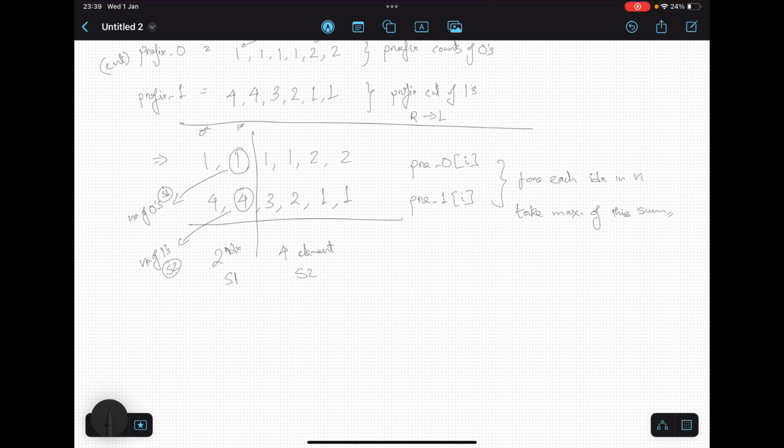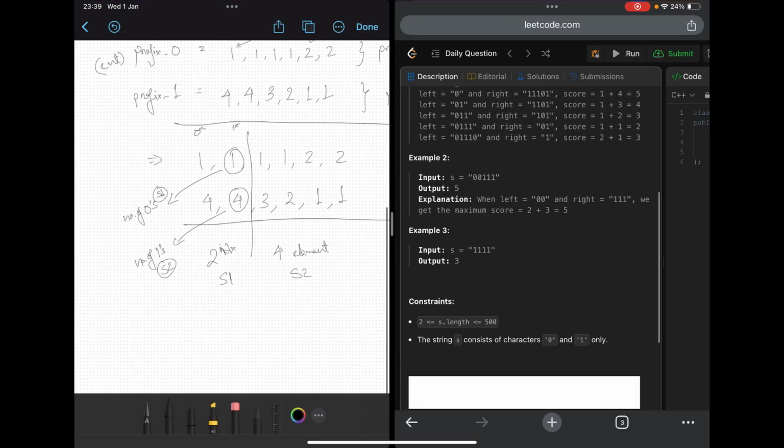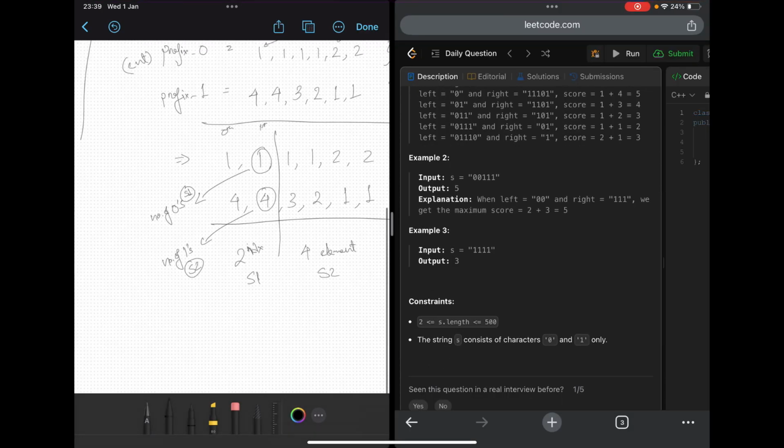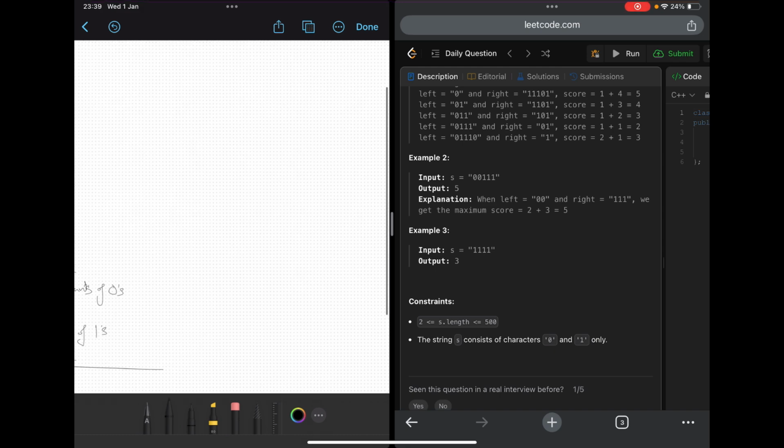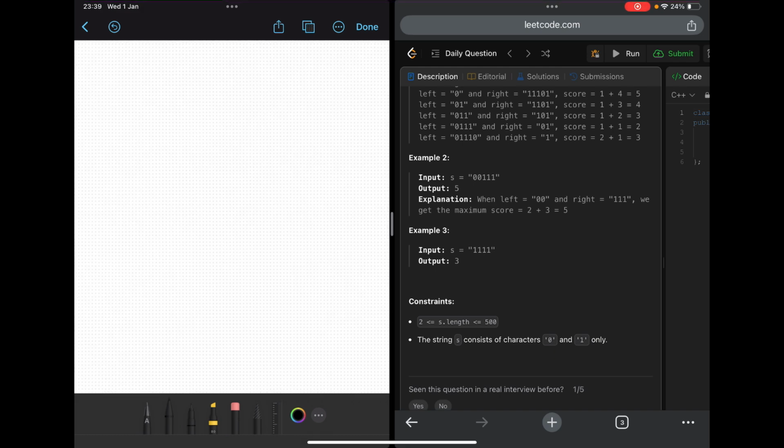So let's take another example, the second example, 0 0 1 1 1. So S here is 0 0 1 1 1.